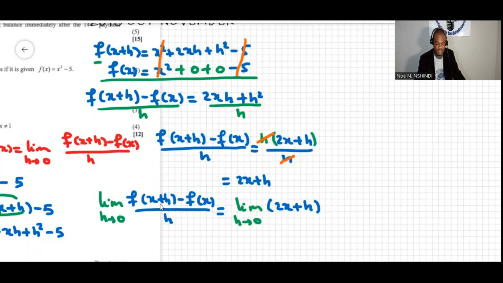The left hand side is the derivative, that makes f prime of x, and when we substitute 0 there, this is equal to 2x. So f prime of x is equal to 2x. That was from the first principle.